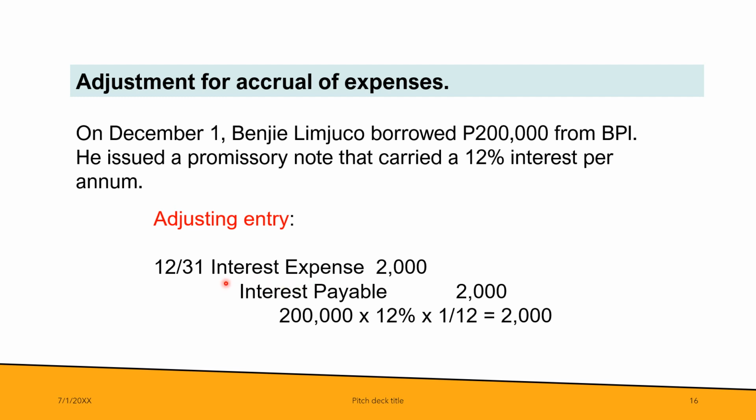Let's say you will accrue salaries, so you have salaries expense and then credit salaries payable. And let's say the accrual is related to rent. Instead of interest, you'll write rent expense and then credit rent payable. That is the format when you record accrual of expenses.